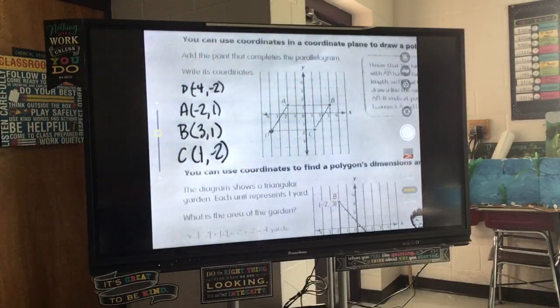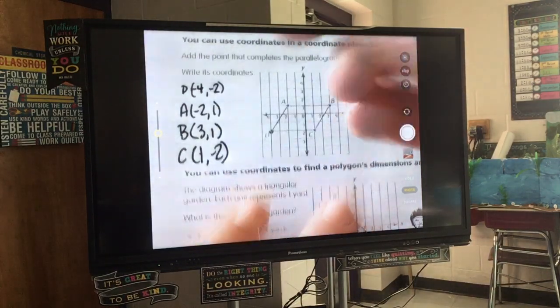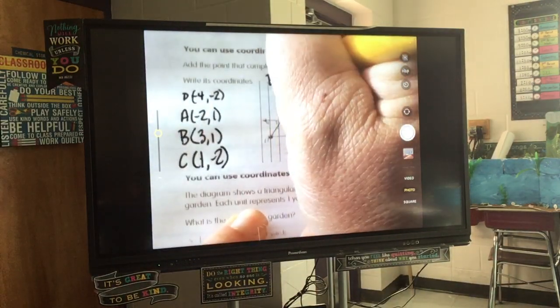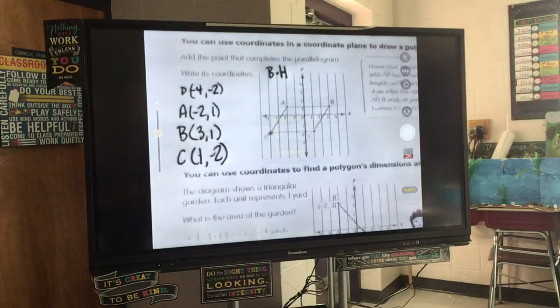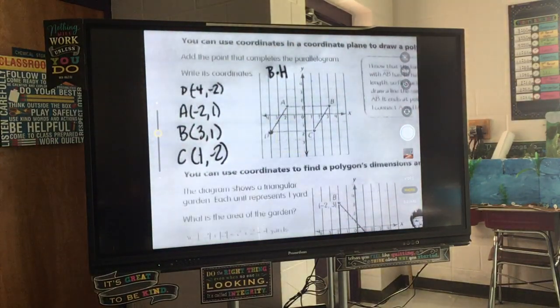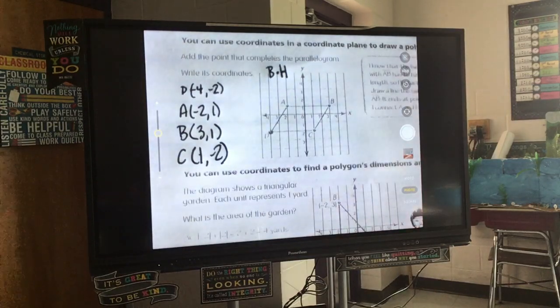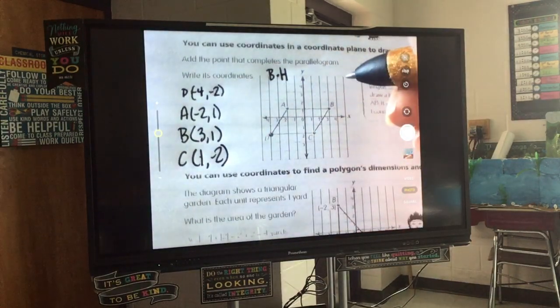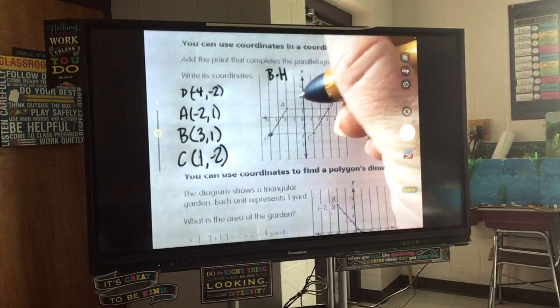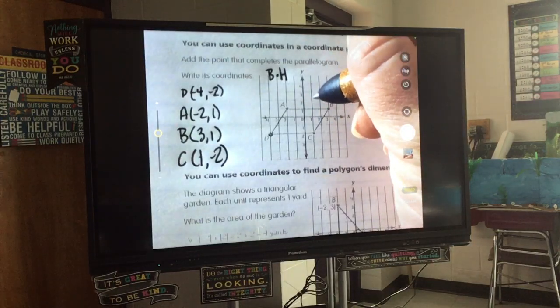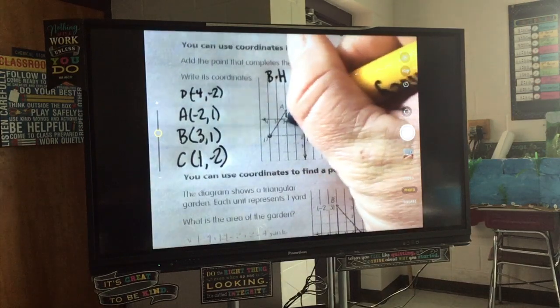Now if I was asking you to find the area of this parallelogram, how would you do that? We know that it's going to be base times height. How would I do that? Gabby? You can either count the squares along the top or bottom to the base, and then go down to the line, and you'll find your height.